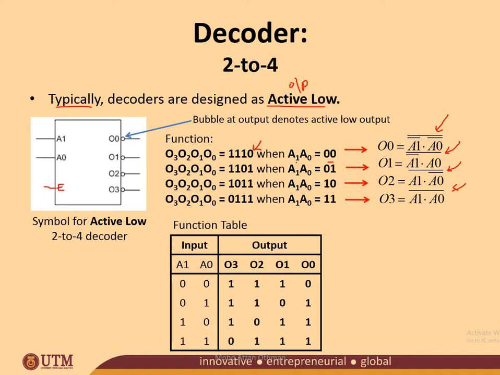And when your A1 A0 is 0 1, your 0 will be at your second least significant bit. So compared to the 2 to 4 active high decoder, you have variation of 0 versus 1. There are 4 possible combinations of inputs, and you will see a variation in the position of 0. Other than that, all of them are 1.